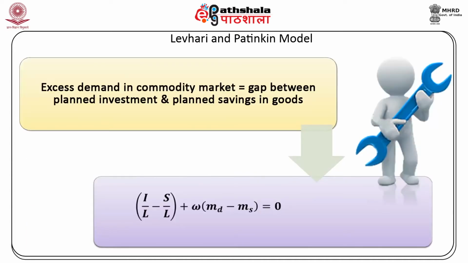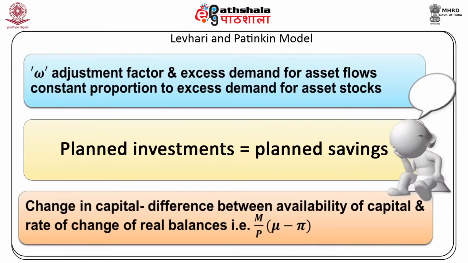The excess demand in the commodity market is equal to the gap between planned investment and planned savings in goods. That is, I/L − S/L + ω(M_D − M_S) = 0, where ω is the adjustment factor, and assume that the excess demand for asset flows is a constant proportion to excess demand for asset stocks and the planned investments are assumed to be equal to the planned savings.